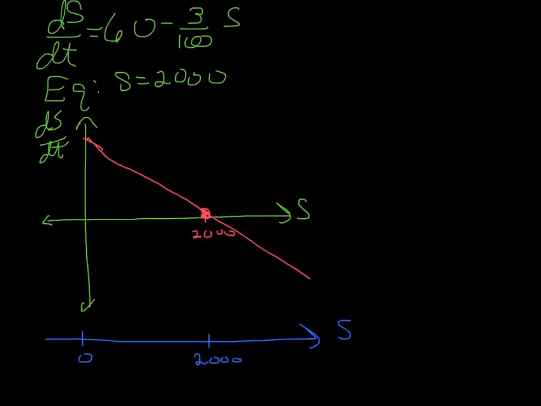So that means I'm going to be moving to the right. And dS/dt is negative when I've got more than 2,000. So I'm going to be moving to the left, which means that my equilibrium point, 2,000, is stable.